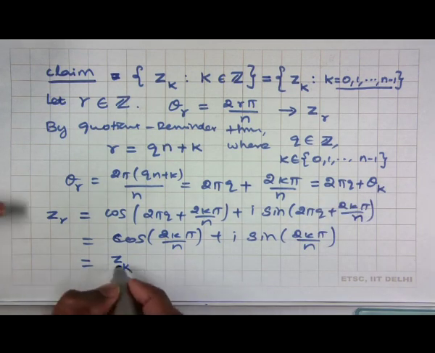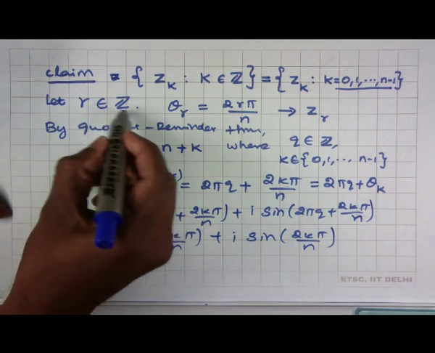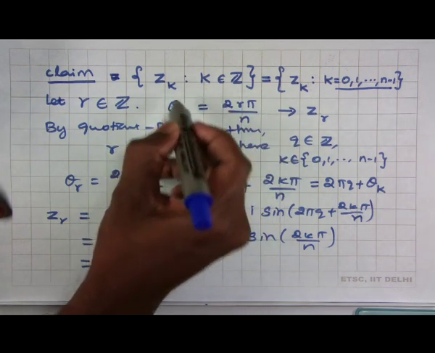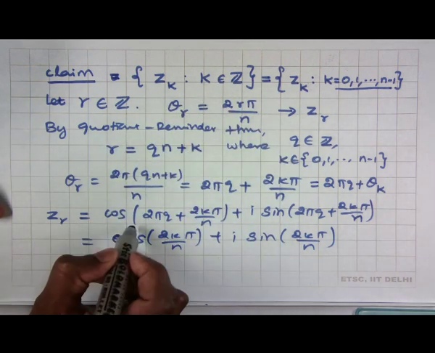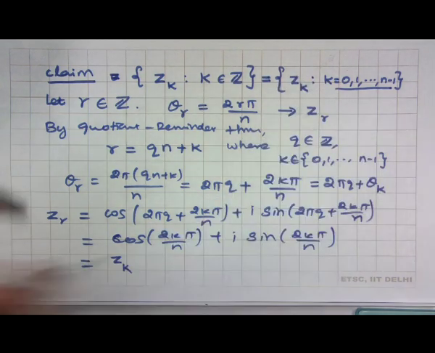So what we showed is that for any given integer, you consider the corresponding argument and define the corresponding complex number, and this must be equal to one of the zk.